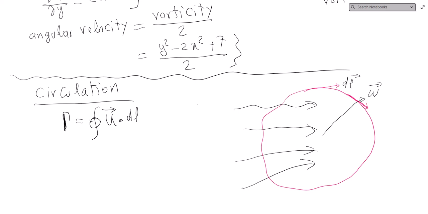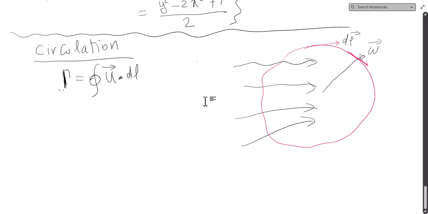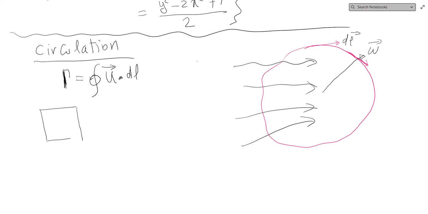Let's have a 2D domain for the fluid, and then see what we can get out of this in relation to the omega. So let's have a closed path like this from A to B to C and to D. So this is dx, this is an element, this is my closed path.